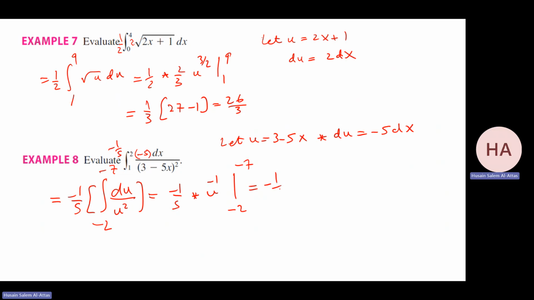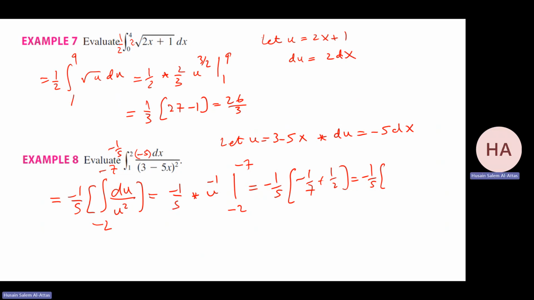So that will be minus 1 over 5. When you do the substitution, you're getting minus 1 over 7. Minus, that will give me plus half. So the answer is minus 1 over 5. Wait a minute.